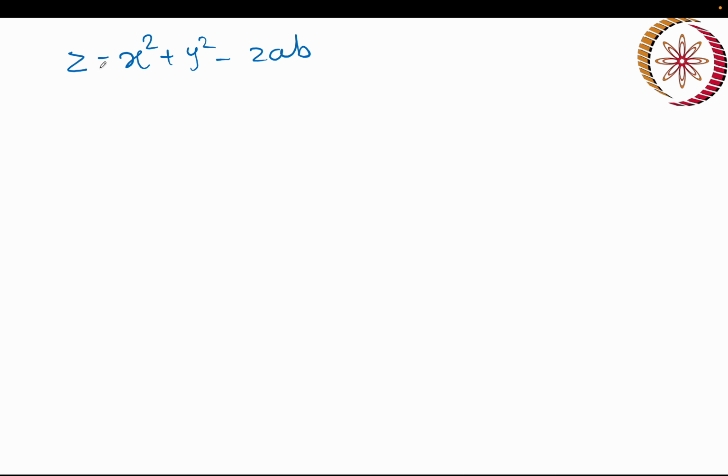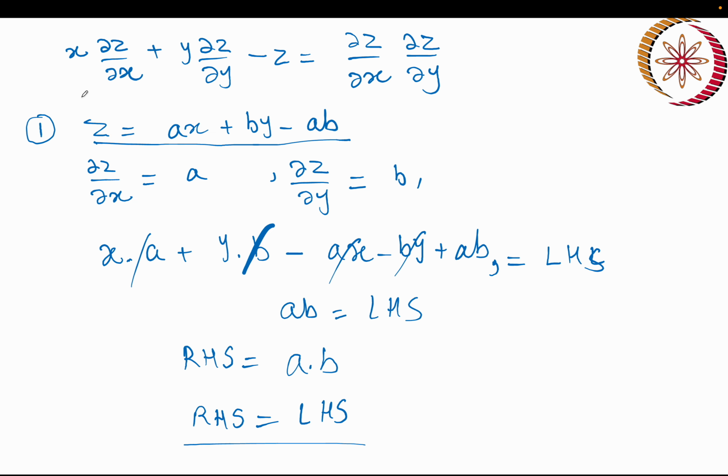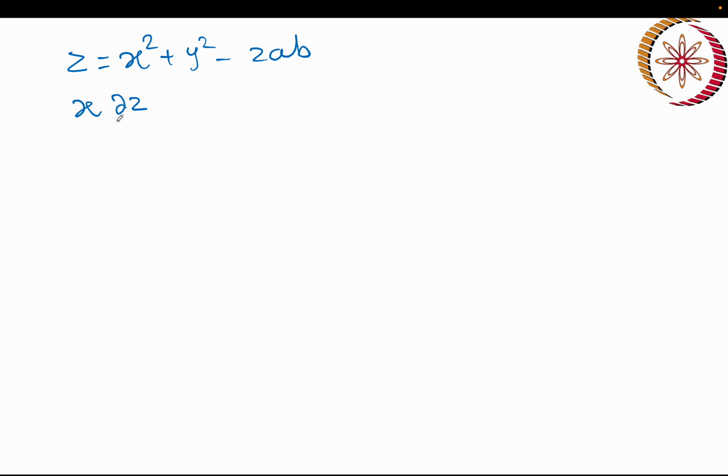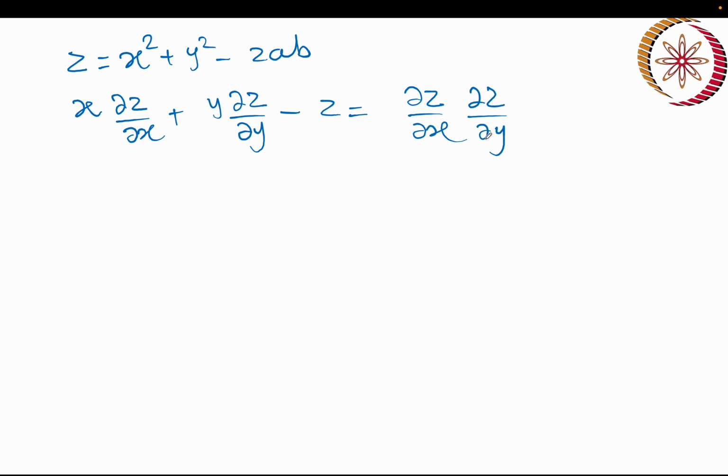So z is given, and the equation is x dou z by dou x plus y dou z by dou y minus z equal to dou z by dou x times dou z by dou y. If we find the partial derivatives, dou z by dou x will be 2x, and dou z by dou y is equal to 2y.